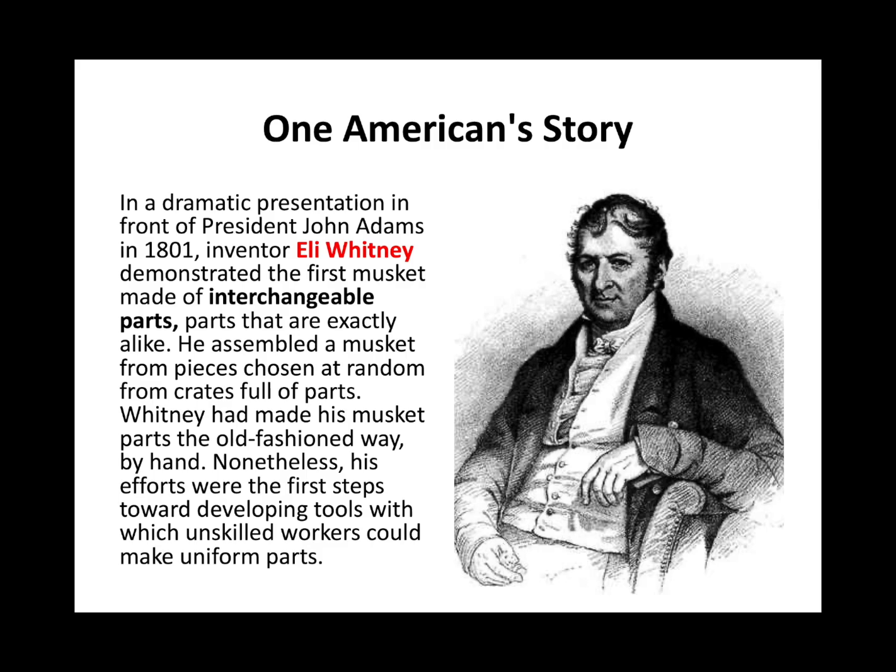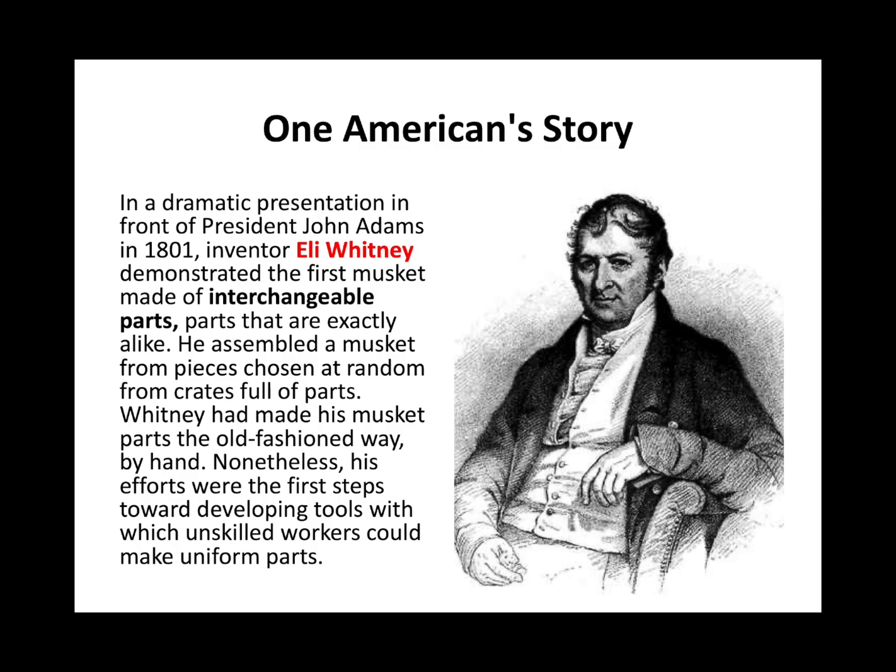So in 1801, in a dramatic presentation in front of President John Adams, Eli Whitney demonstrated the first musket made with interchangeable parts. These parts were exactly alike, and he assembled a musket from pieces chosen at random from crates full of parts.